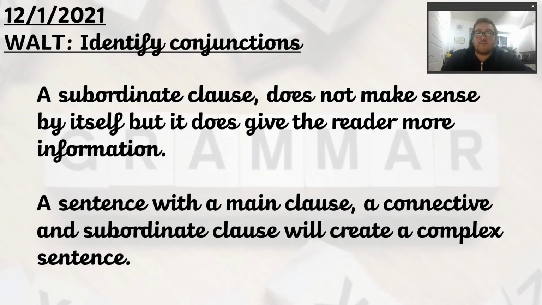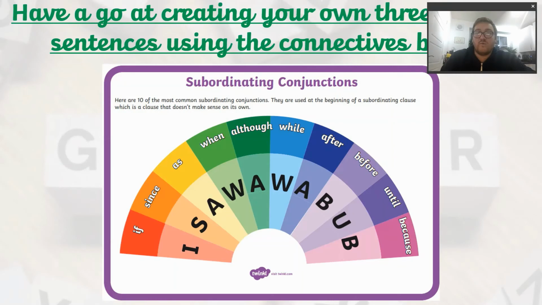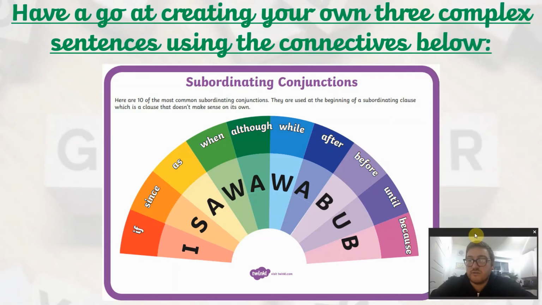Okay, once you've got that written down, we can have a look at the subordinate conjunctions wheel options. So we've got I saw Wubub: I stands for if, S stands for since, A stands for as, W stands for when, A stands for although, W stands for while, A stands for after, B stands for before, U stands for until, and the last B stands for because.